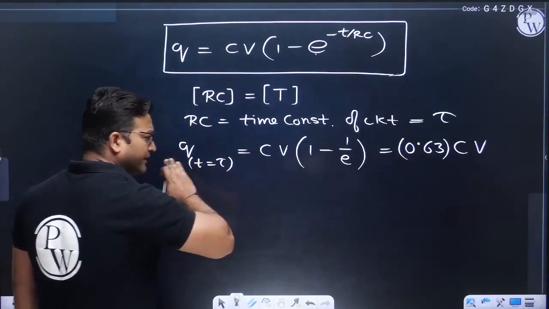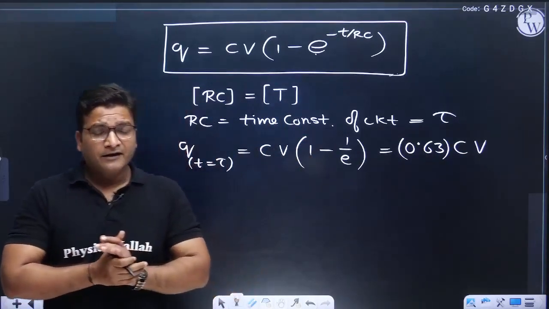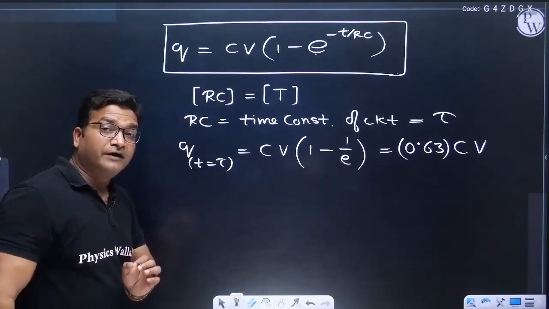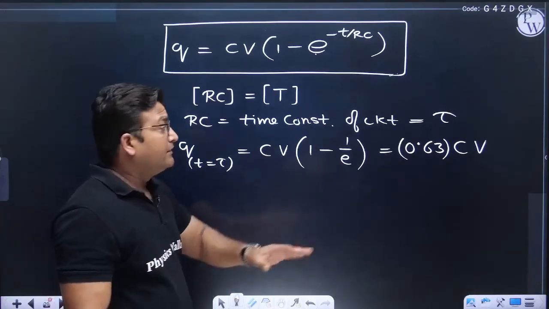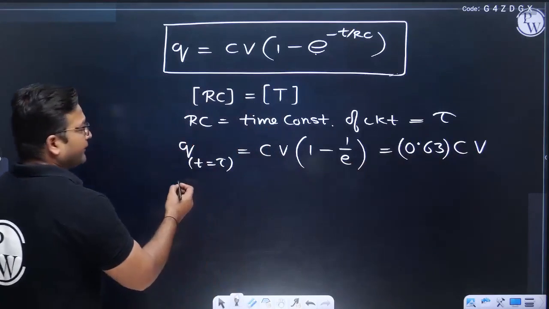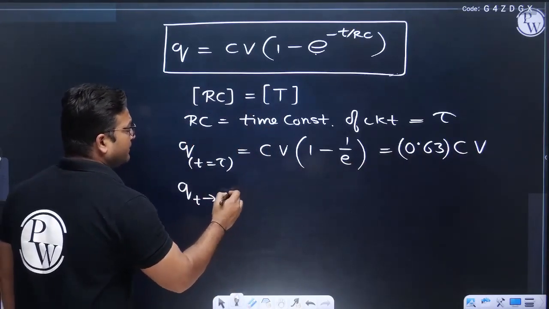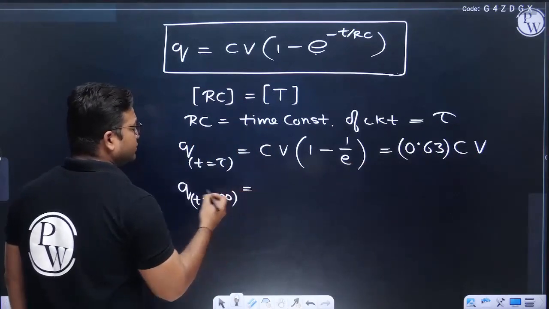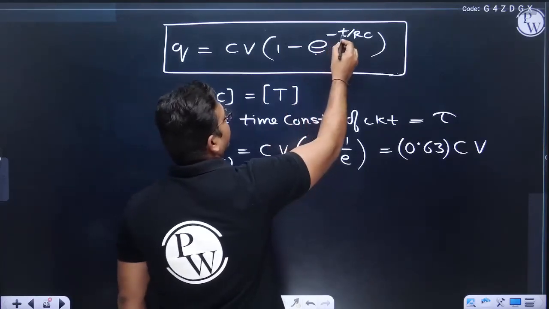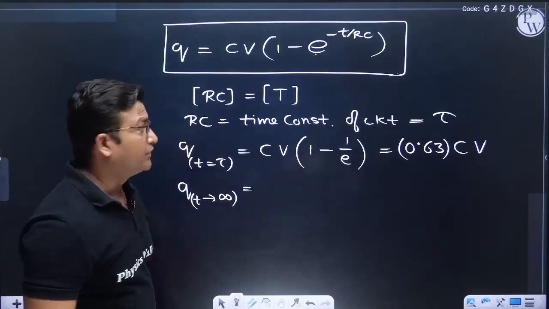So this is the result you should remember, because sometimes they ask you directly what is the charge after one time constant. So in a charging circuit, after one time constant, the charge will be 63% of the maximum charge CV. If I put t tending to infinity, meaning if I want the charge after a very long time, we should replace t by almost infinity, and e to the power minus infinity is actually 0.